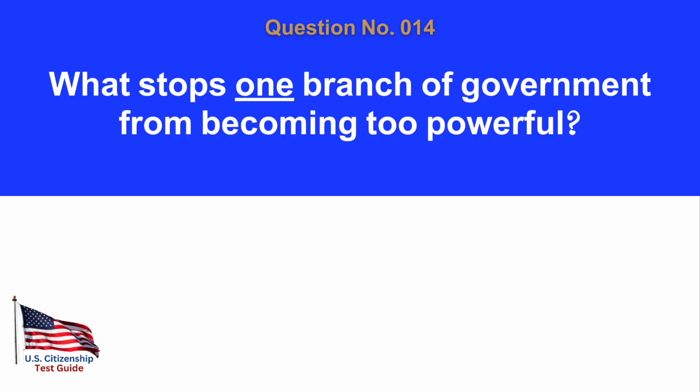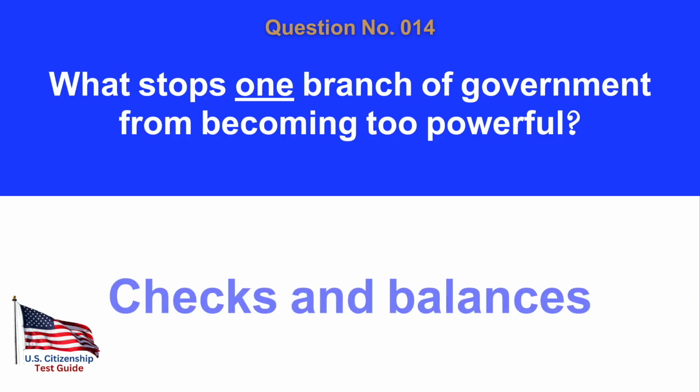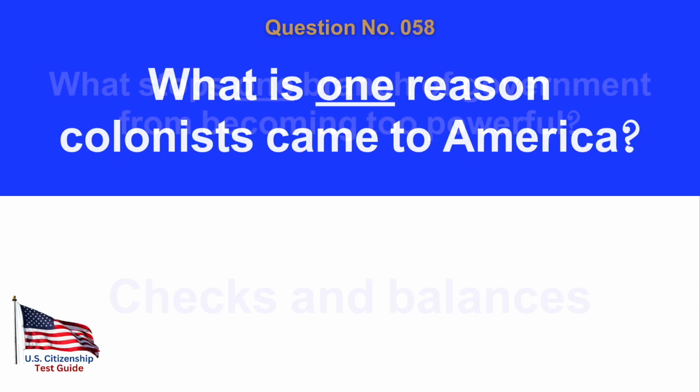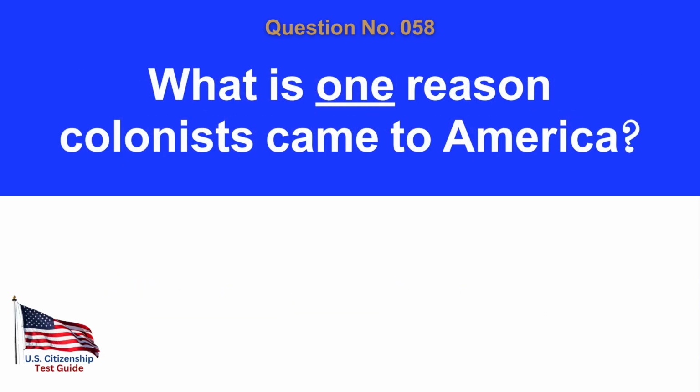What stops one branch of government from becoming too powerful? Checks and balances. What is one reason colonists came to America? Freedom.